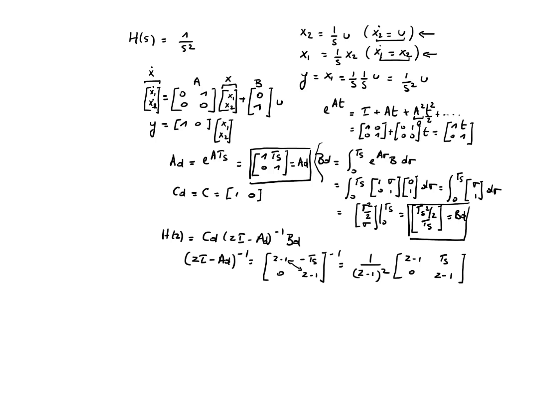So H of z is [1 0] times this matrix here, 1 over (z minus 1) squared, [z minus 1, Ts; 0, z minus 1], and now we have to multiply by the discrete B matrix.